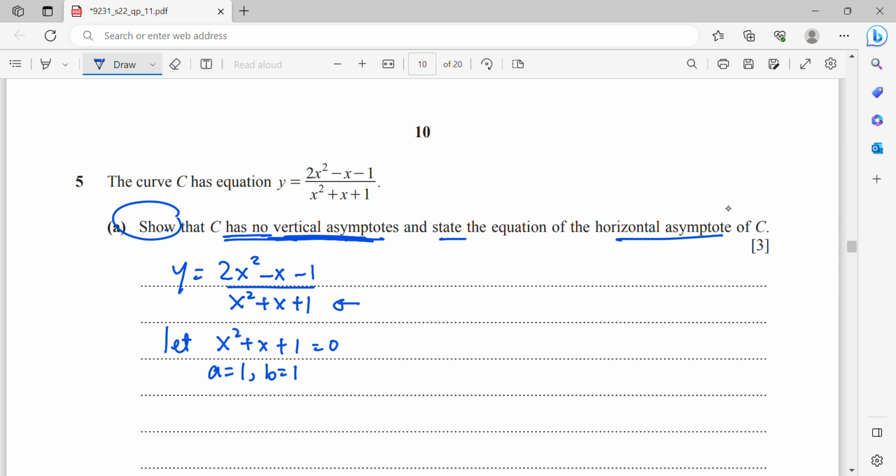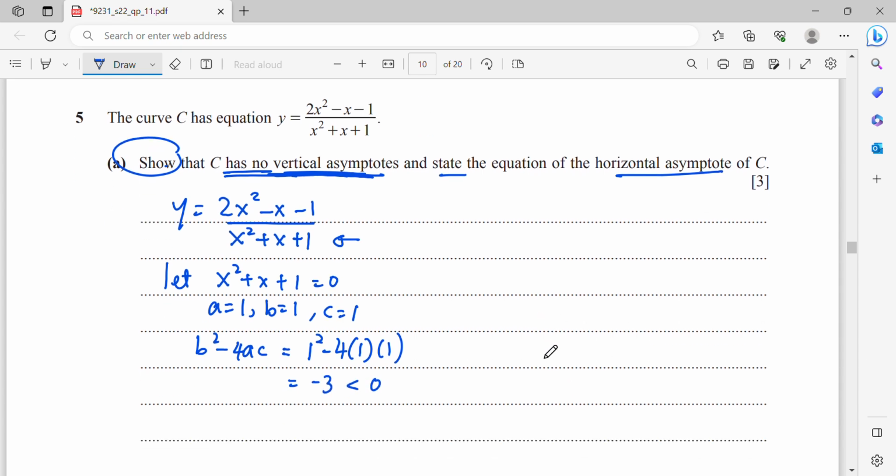B, the coefficient for x, is 1 as well. C is also 1. When you compute the discriminant, b squared minus 4ac, it will be 1 squared minus 4 times 1 times 1. So you will get minus 3, which is less than 0. Which means no root for the quadratic equation.